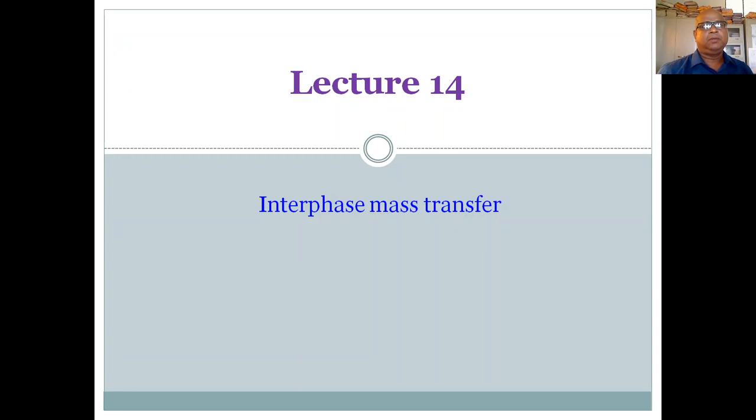So we have covered 3 chapters. The first chapter was introduction and motivation. The second chapter was molecular diffusion, and the third chapter was convective mass transfer and mass transfer coefficients.